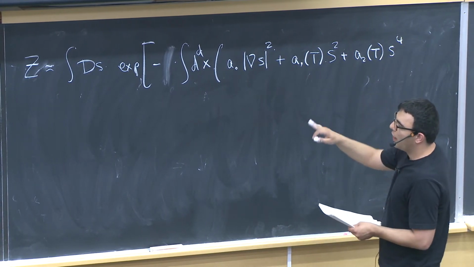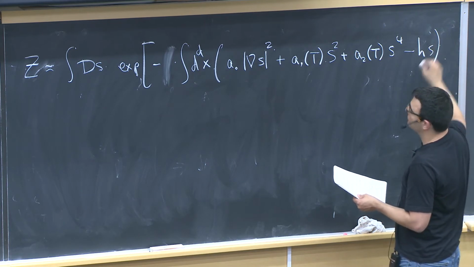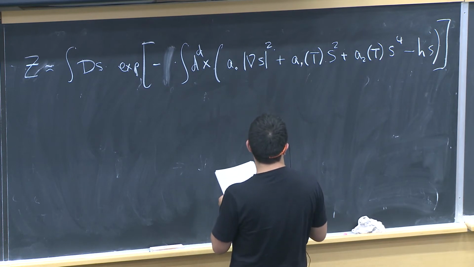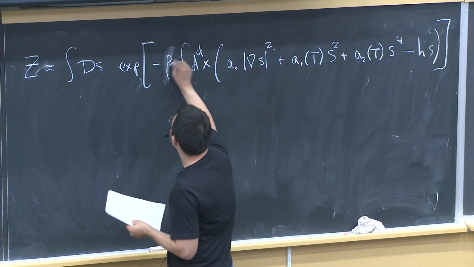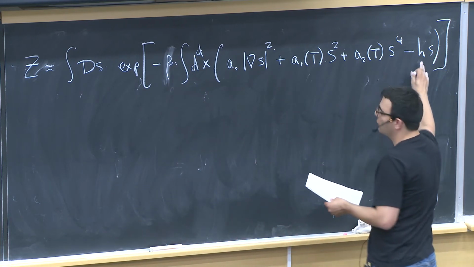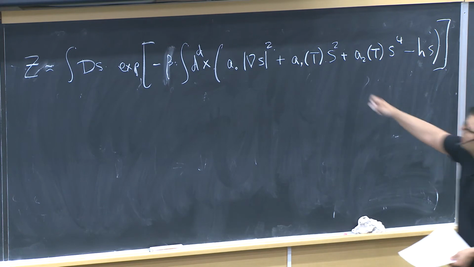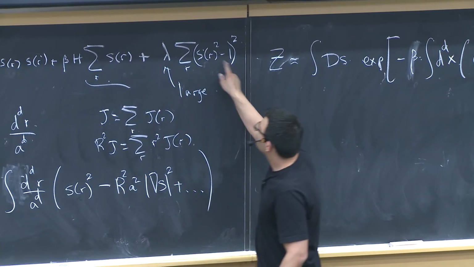And then if we want to add the magnetization, we just have minus H times S. Maybe I actually do need a beta, because otherwise this thing will depend on the temperature as well. Okay? So this coefficient, this S squared, comes both from this term over here and the mixed term over here.